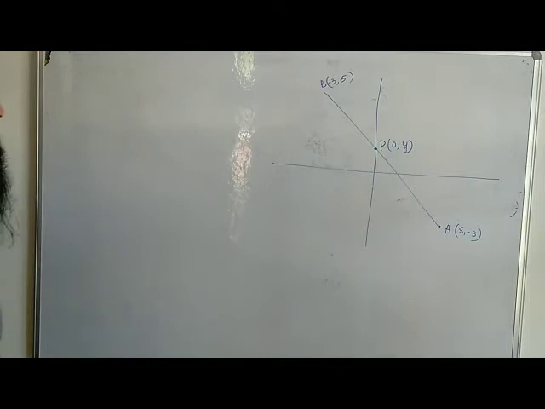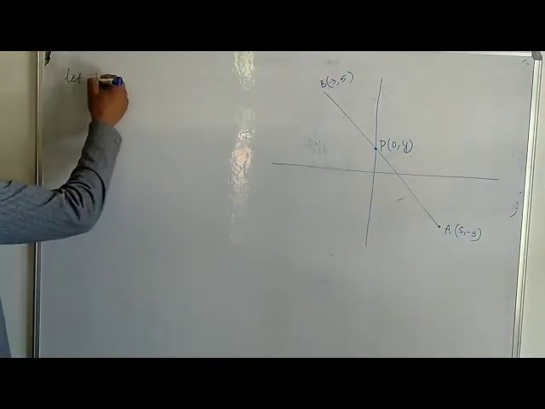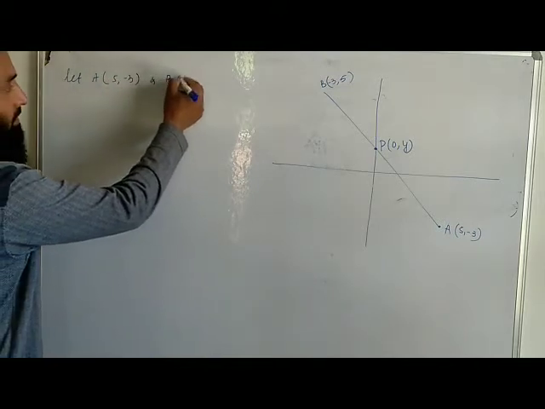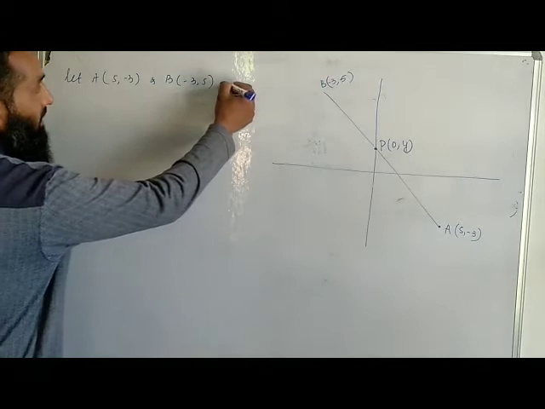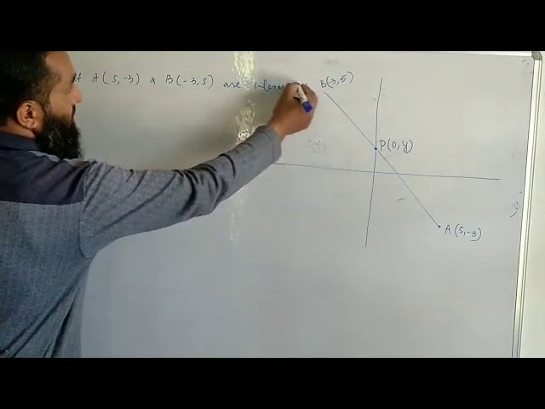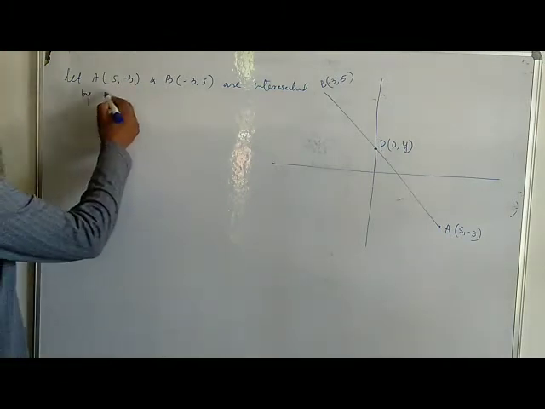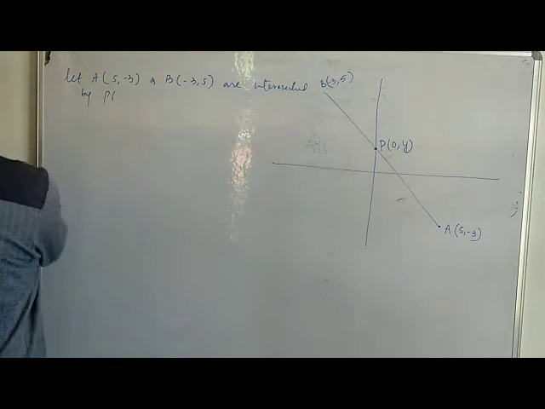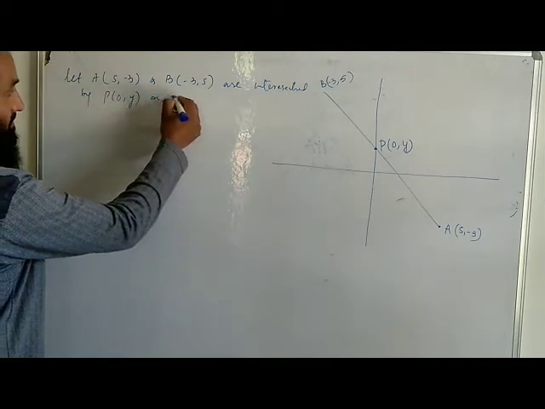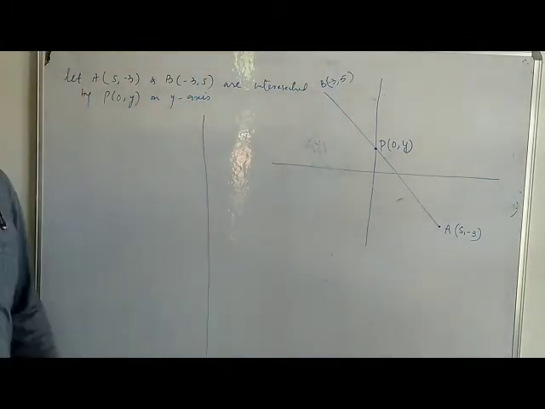We will write here: let A (5, -3) and B (-3, 5) be intersected by P(0, y) on the y axis. Similarly, we will find x1, y1.